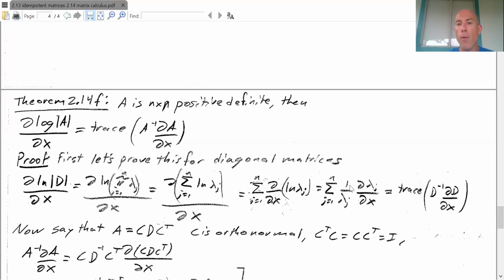So if I look at this for a moment, I can see that these are the diagonal entries of multiplying D inverse by the derivative of D. Well, if it's the diagonal entries and I'm adding up, then that has to be the trace. Boom, we got this. Okay, so now that proves this theorem, but only for diagonal matrices. We need to take this the rest of the way.